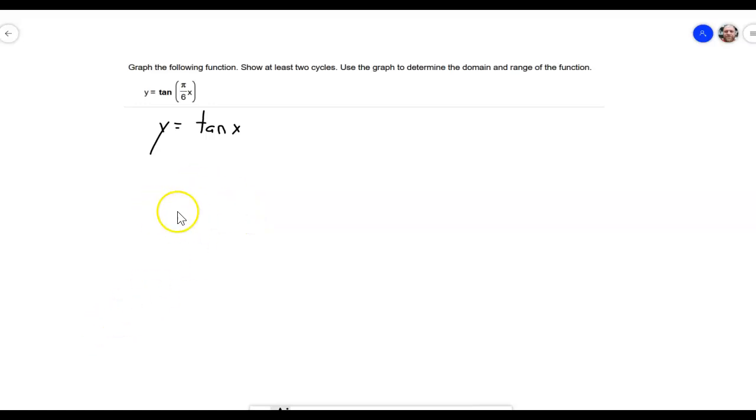If we're thinking about the unit circle, I'm just going to draw a makeshift unit circle here. We know that tangent is equal to sine over cosine, so sine of x over cosine of x.